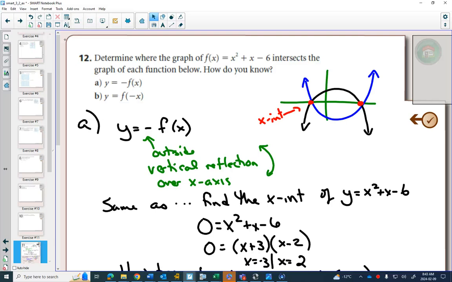Because if you find the x-intercepts when they're asking for the y-intercepts or vice versa, you knew what you wanted to do, but you got it all wrong as a result. So those are little things in this question that I wanted you to see.